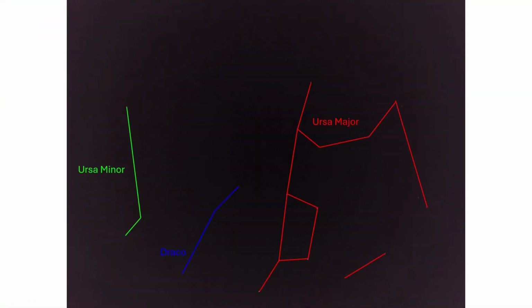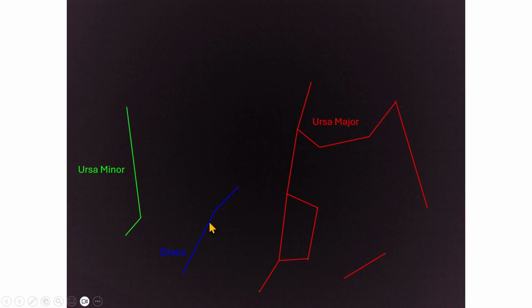Now, I used one of the apps that you can use to look at constellations and try to figure out which of these stars corresponded to which constellation. Some of them are obvious, some of them are less obvious. So in terms of the obvious one, we've got the part of Ursa Major here, and I think those are the other stars for Ursa Major.